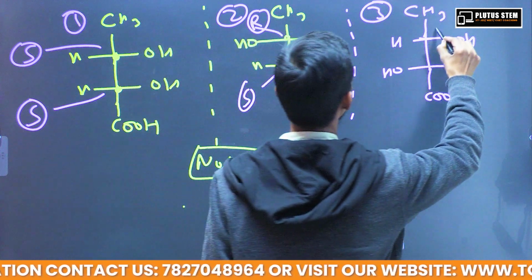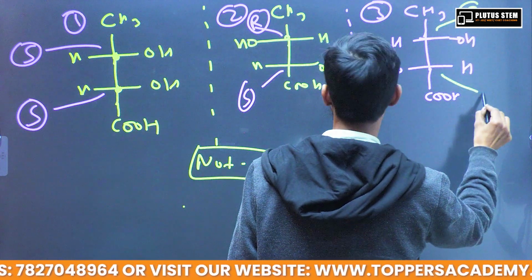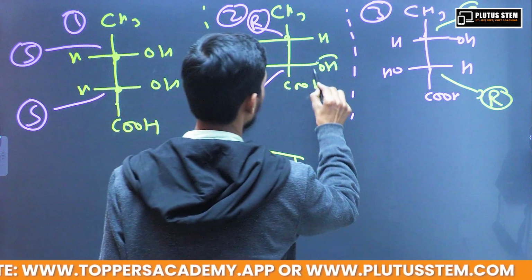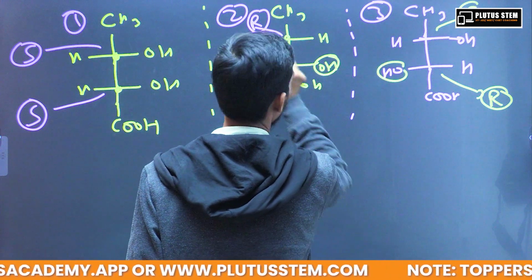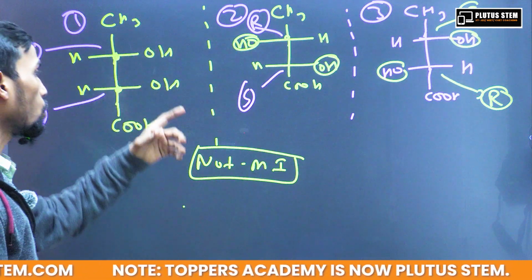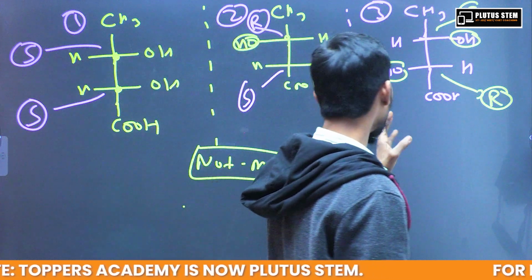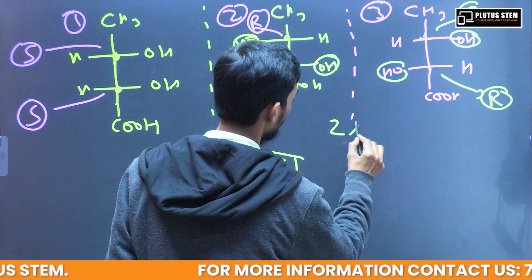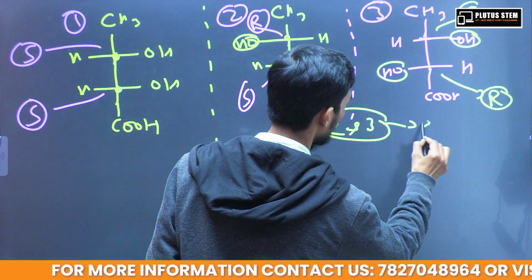So this one is going to be S and this one is going to be R because of the difference in this position. Clear? So these two, 1, 2, 3, these two are mirror images of each other. This is RS, this is SR. So these two are enantiomers.